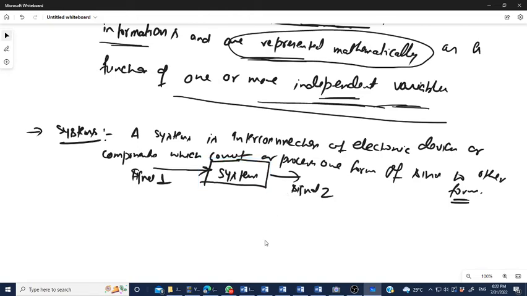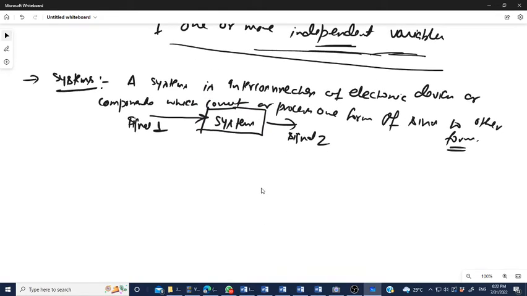You can also say that a system is an entity that processes a set of signals to yield another. It is an entity which processes one form of signal to another form of signal.